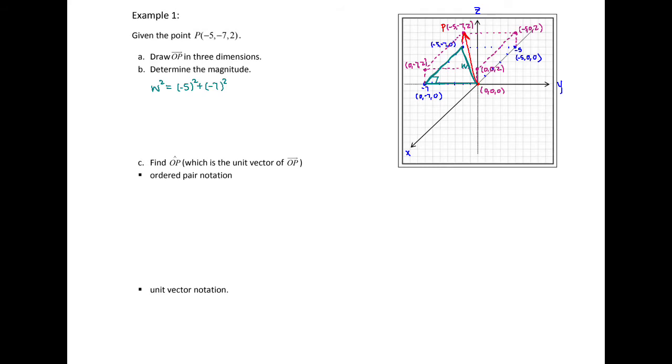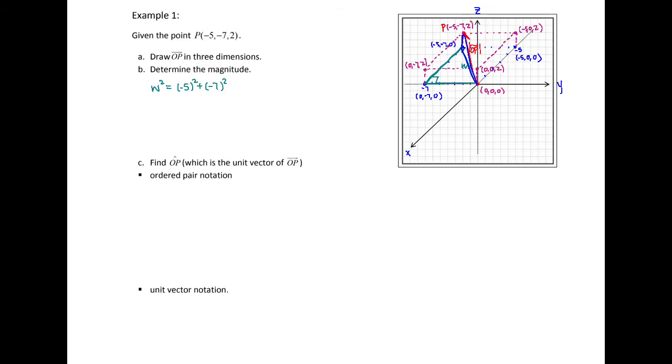Now let's look at another triangle here. There is another right triangle, labeled with a blue triangle. As you can see from this blue triangle, there's also a 90 degree angle right there. That means I can find the magnitude of OP by using the Pythagorean theorem again.